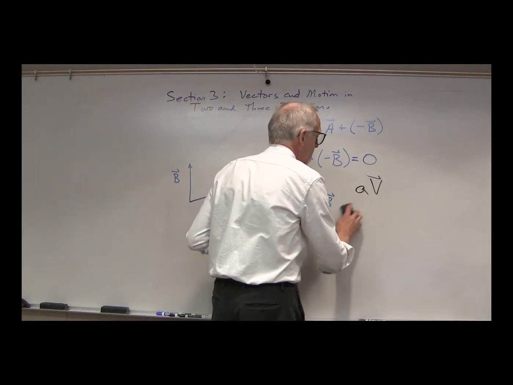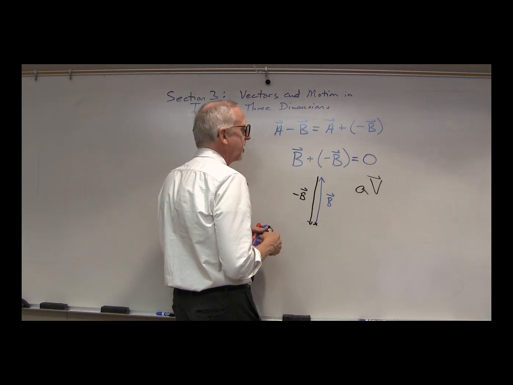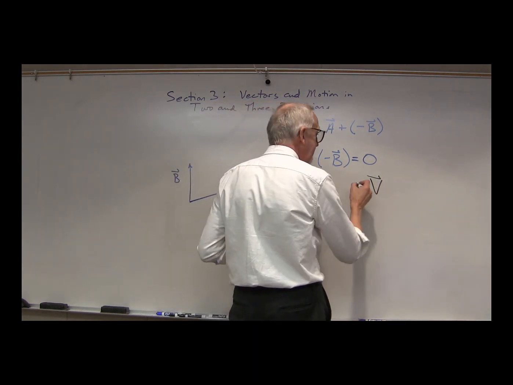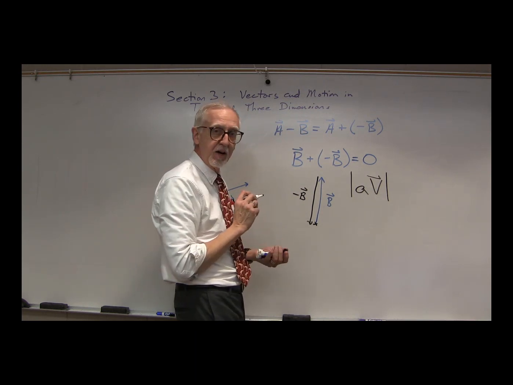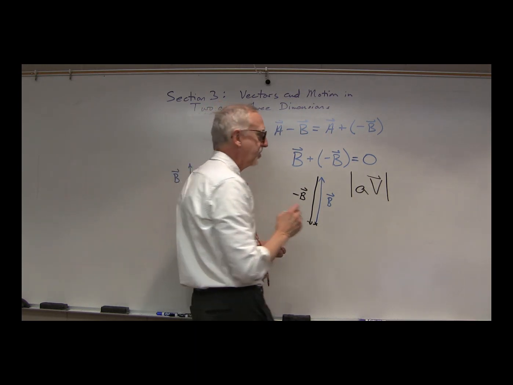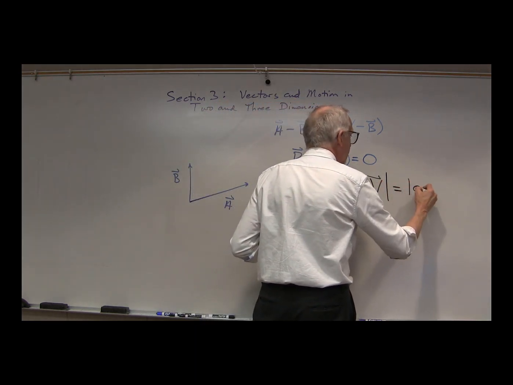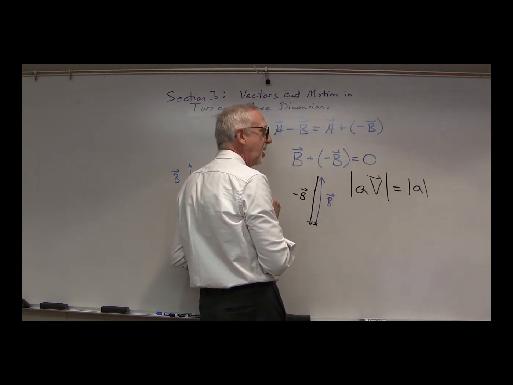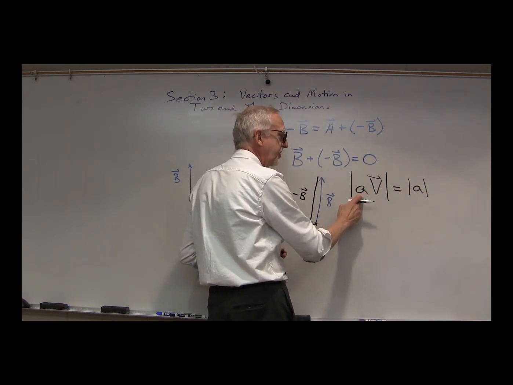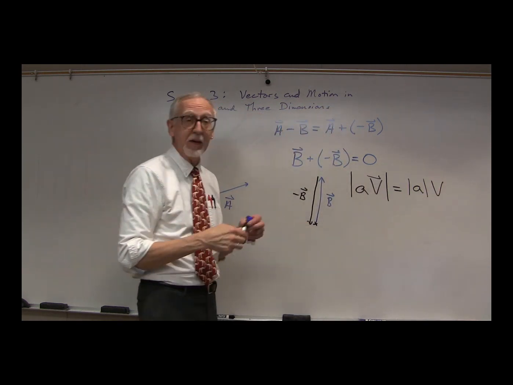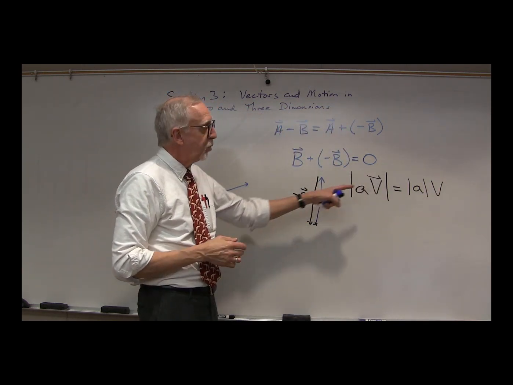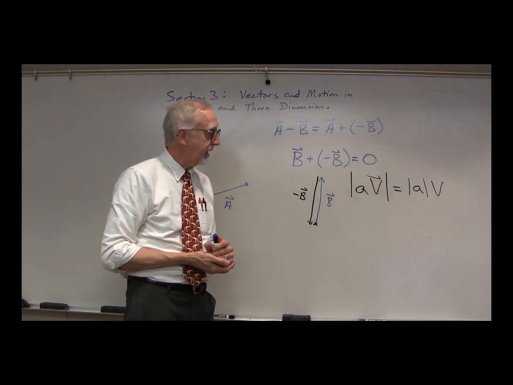Remember we can put absolute value signs on the vector to denote the magnitude. This will be the absolute value of a, so whether a is positive or negative, this will give us a positive times the magnitude of v. So that will work for positive or negative scalars.